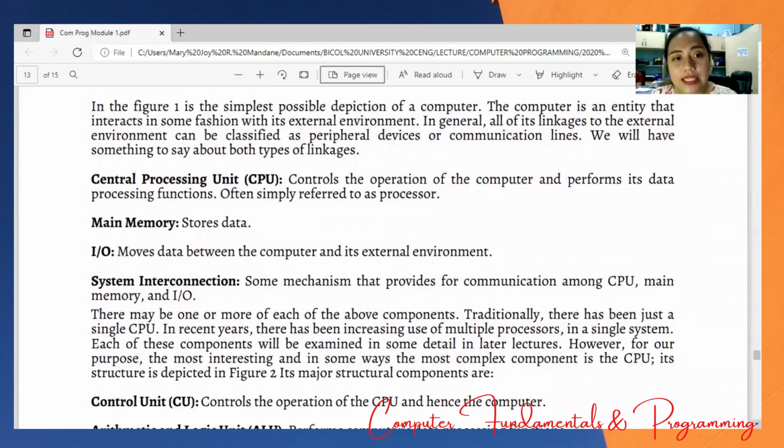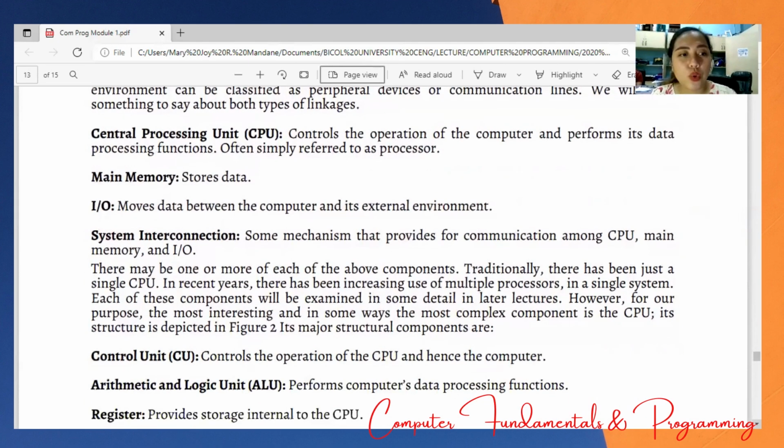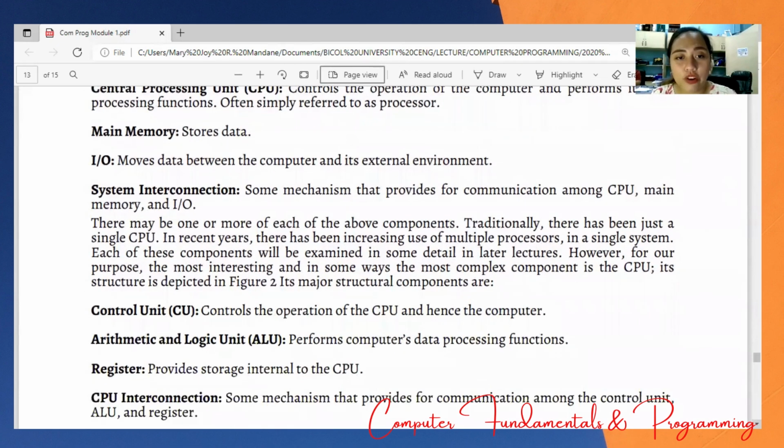Main memory stores data. I/O moves data between the computer and its external environment. System interconnection is some mechanism that provides for communication among CPU, main memory, and I/O. There may be one or more of each of the above components.